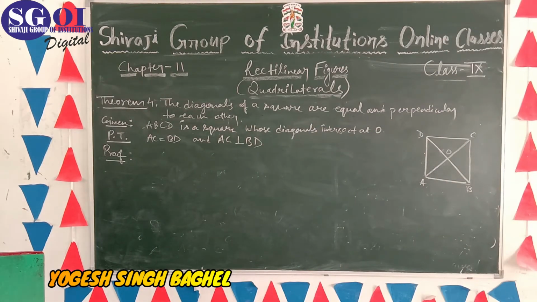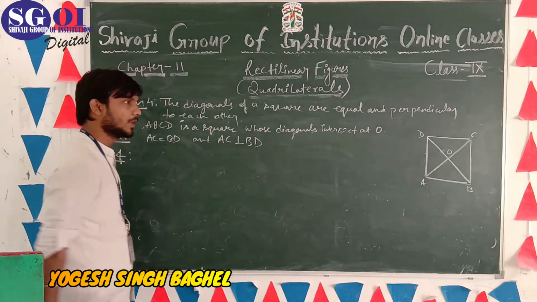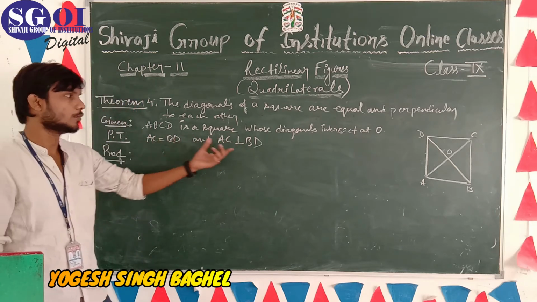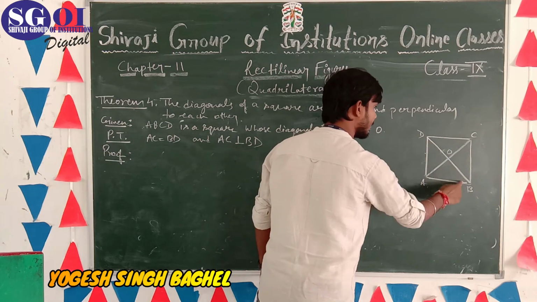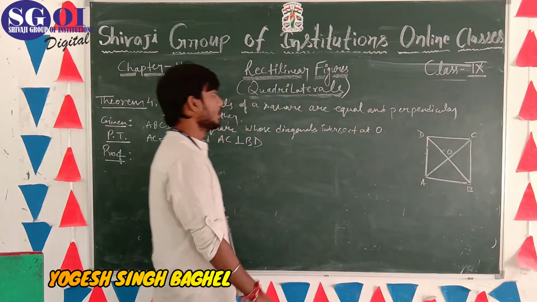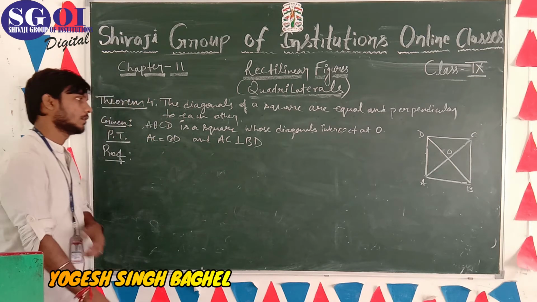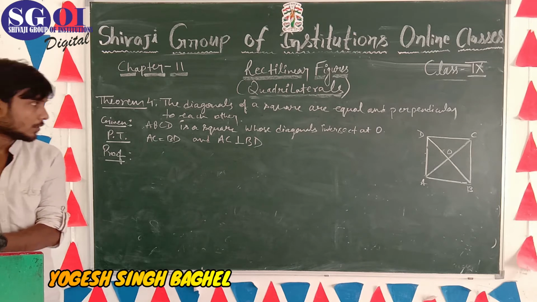Clear? If AC is equal to BD and AC is perpendicular on BD, we have to prove these 2 points. Okay? ABCD is a square and AC and BD are equal and perpendicular to each other. So how to prove?